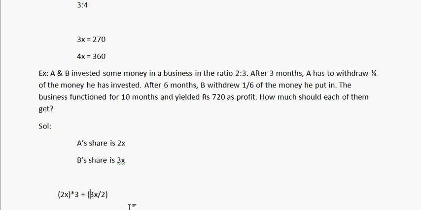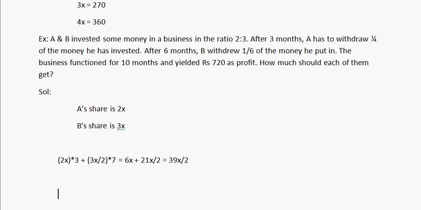It worked for 7 months. So this is the total money working for A. It becomes 21x by 2, and if we add it, it would become 39x by 2. So this is what worked for A.